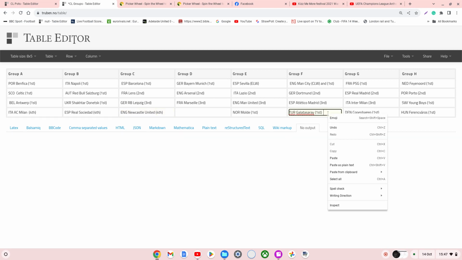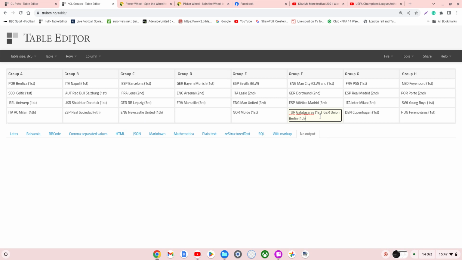So put Union Berlin in. No, they can't. Look, they can't be in there because of Dortmund. So no, Galatasaray will have to stay. No, my bad, my mistake, guys.